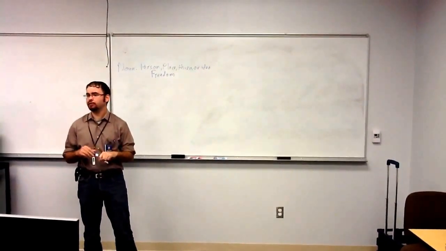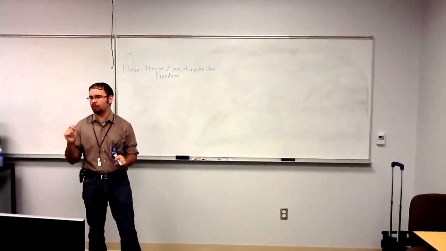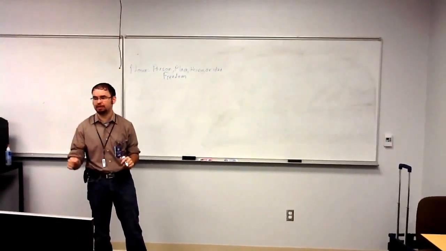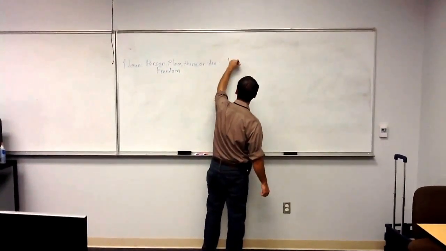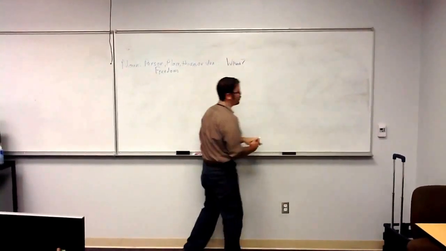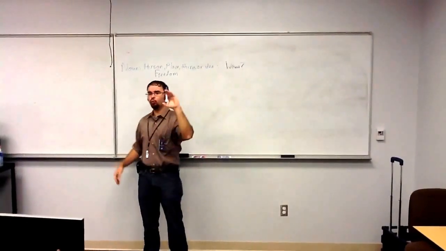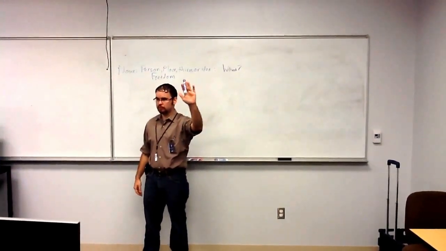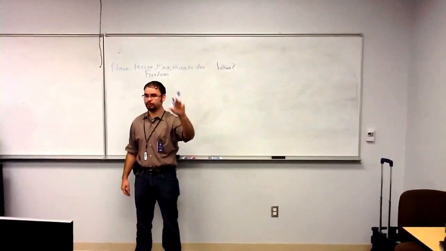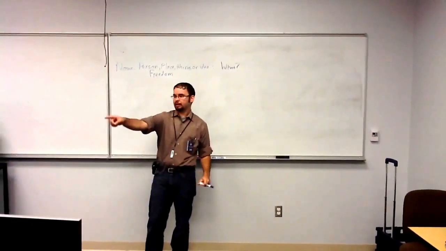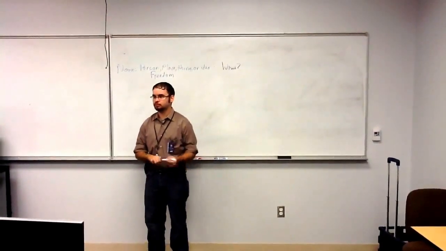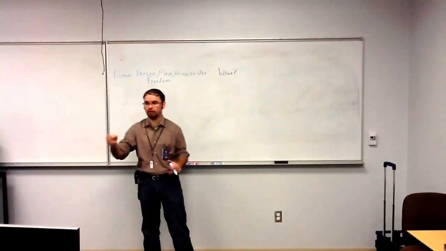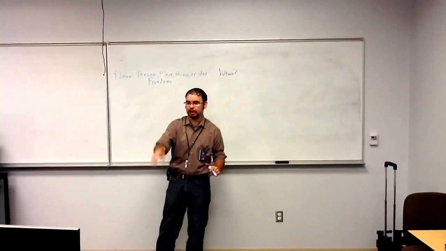Now, you can always tell what a noun is by asking the question, what? So I say, what am I holding? A marker. What is on that table? A computer, a notebook, a stapler, a mouse, a keyboard.